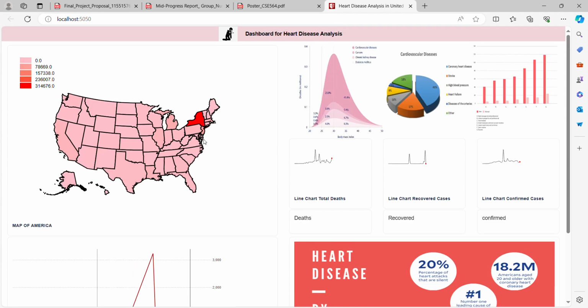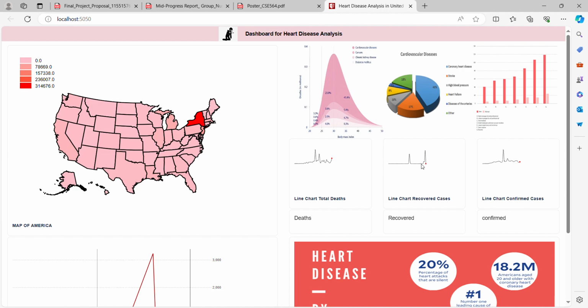You have seen the interaction between these line charts as well. These are flip cards, so you can see the number of deaths, recovered, and confirmed if you just hover over them.